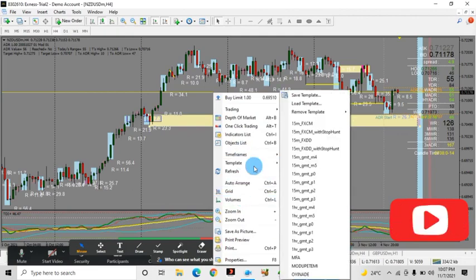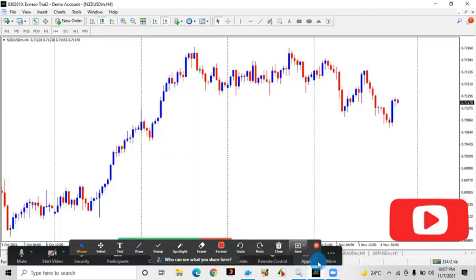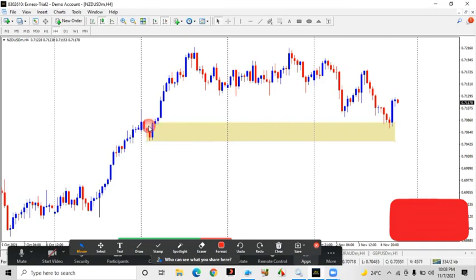Let me change the template. Okay, so this sell should come, and I think it is more clear here. It has not mitigated. It has not gone to it, right?